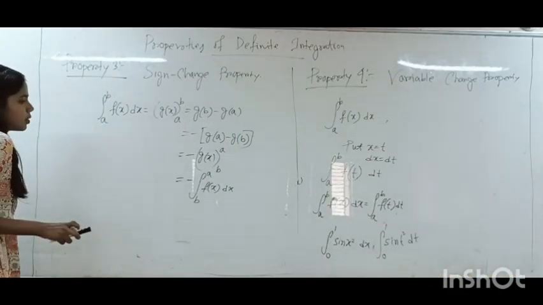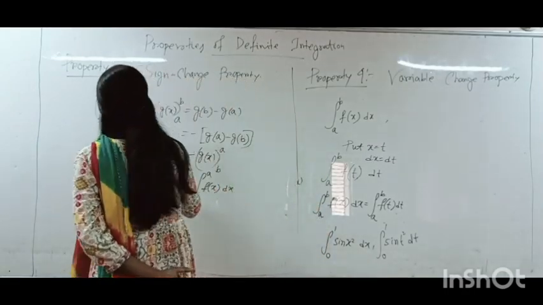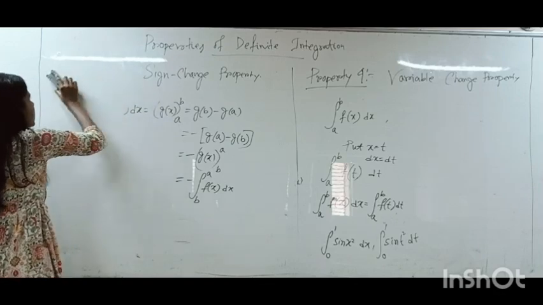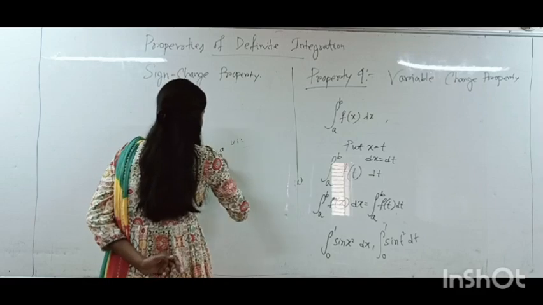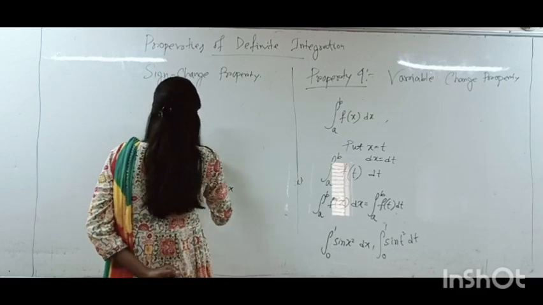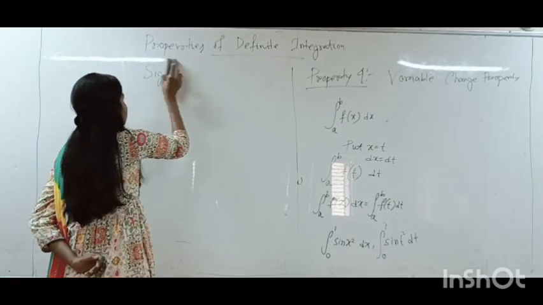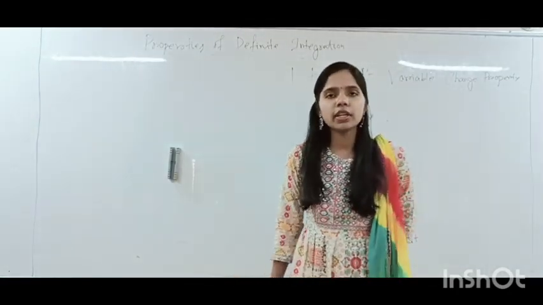Okay, you all understand. Now we will see an important property which is called the breakpoint property. It is very important in stepwise functions, because definite integration, or any integration, is easy when the function is continuous.